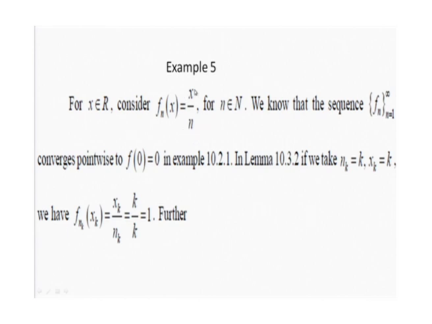As n goes to infinity, x by n tends to 0, so these tend to the 0 function pointwise. If we take the modulus of f_{n_k} of x_k and f of x_k, f being 0, the modulus is 1, so epsilon naught is 1. These x_k and n_k values and the epsilon naught value show that the negation of the definition of uniform convergence is true, which means the sequence fn is not uniformly convergent to the 0 function.